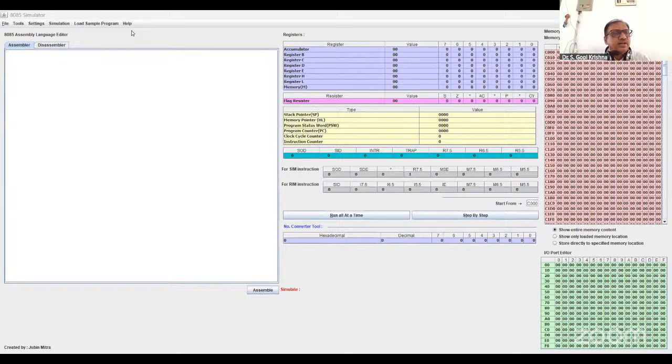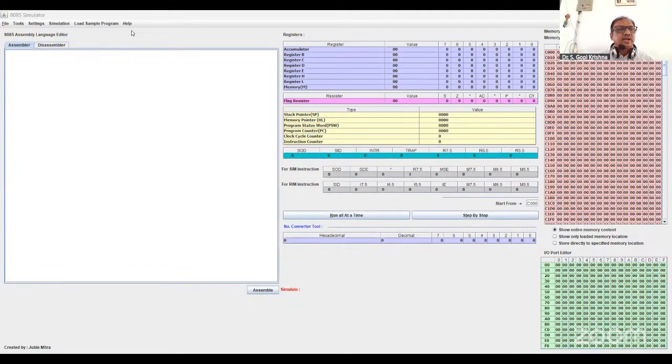The total instructions are divided into 5. Some of them are data transfer instructions, some are arithmetic instructions, some are branch instructions, some are logical instructions and control instructions. Data transfer instruction from one register to another register, direct addressing and indirect addressing, all those come under the different addressing modes. The data transfer instruction we will discuss in detail.